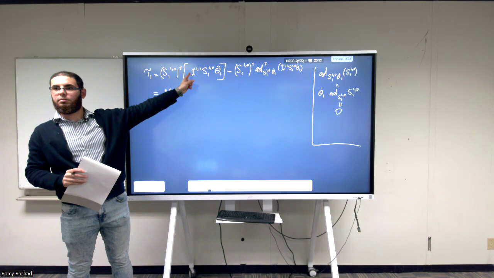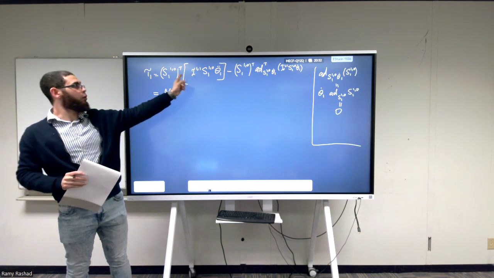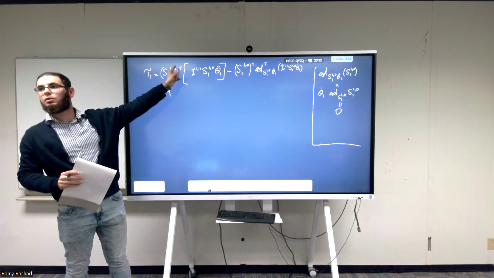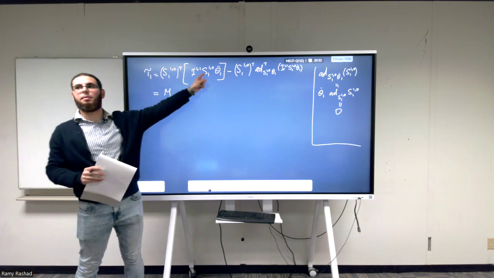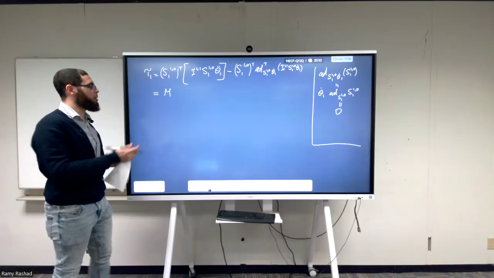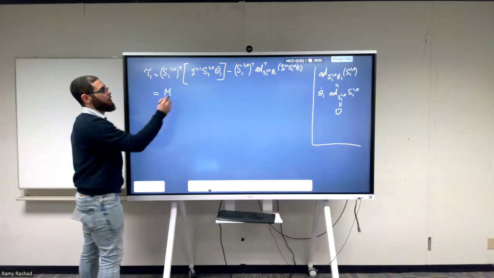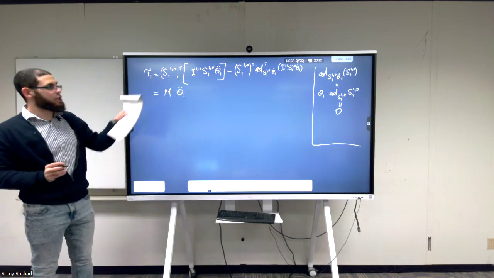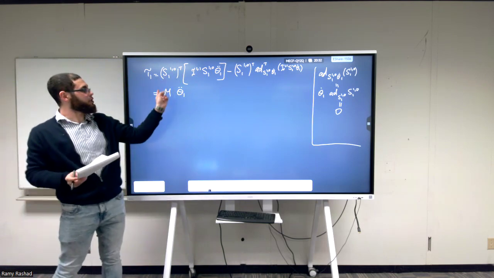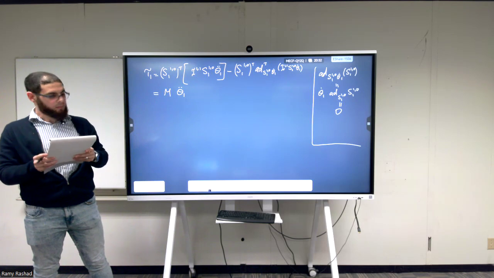What about the inertia? 6 by 6. What about the S transpose? 1 by 6. So 1 by 6 multiplied by 6 by 6 multiplied by 6 by 1 gives you 1 by 1, which is a scalar, we call it m, multiplied by theta 1 double dot. Let's check what this m looks like.